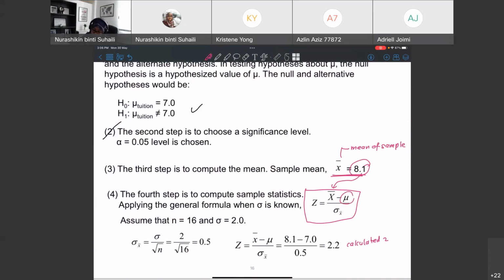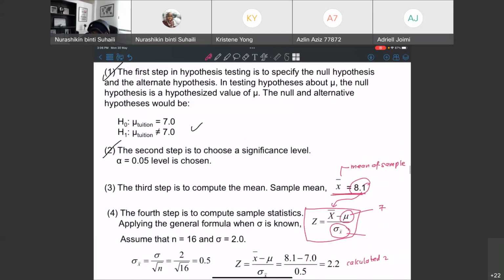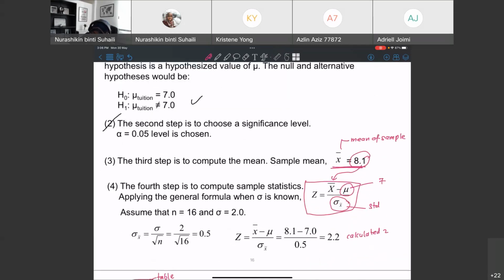This one is referring to the population mean, which is 7. And what does this one mean? This is the standard deviation of the sample actually, so that's why the symbol is X bar.